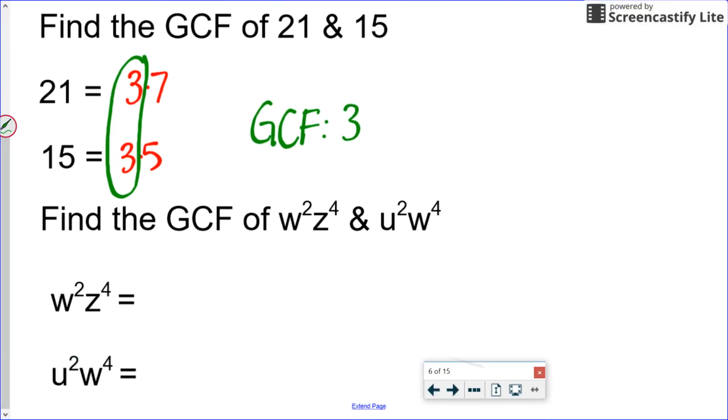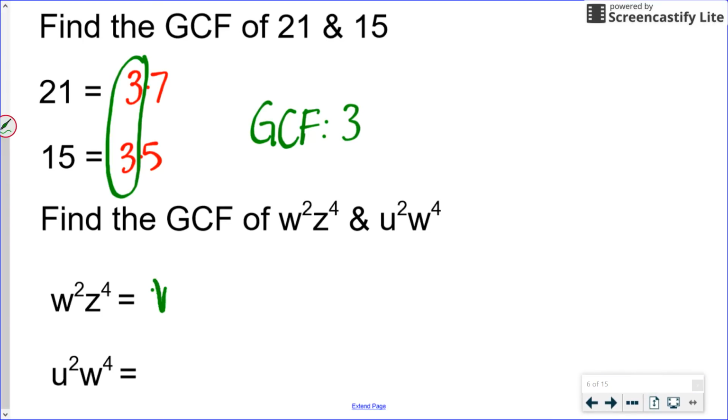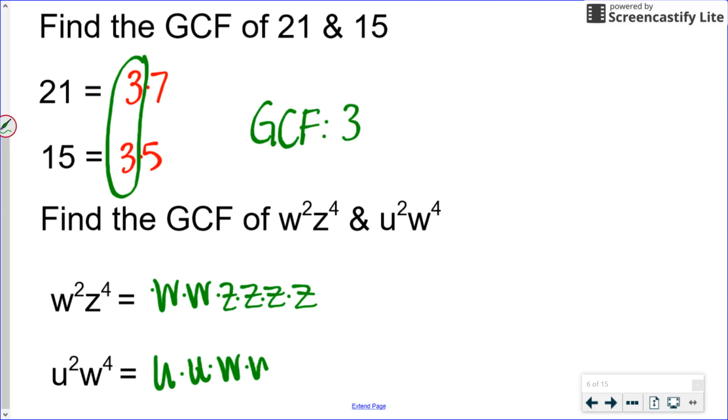When we have letters, same idea here. W squared would be W times W, and then I've got 4 Z's. And then I've got 2 U's. Whoops. Not U squared, 2 U's. And then 4 W's.